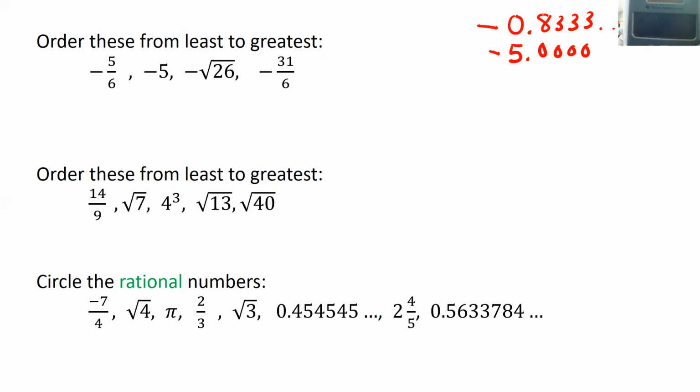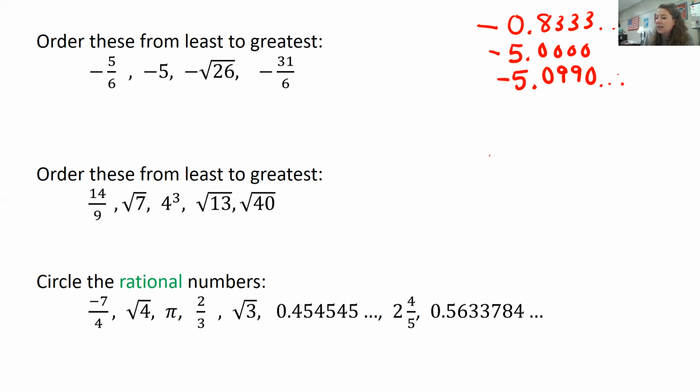And on my calculator, I see a little radical, and it's flashing inside. So inside that radical, I'm going to type 26 and then hit equals. And then to make it a decimal, I'm going to hit the double arrow button. So when I hit that double arrow button, it turns my square root of 26 into a decimal. And of course, it's got a negative sign in front of it. So it's actually negative 5.0990... It goes on and on forever because it's irrational.